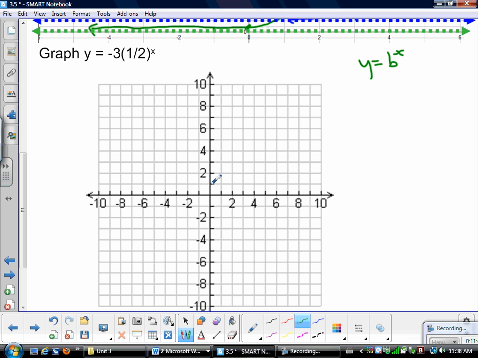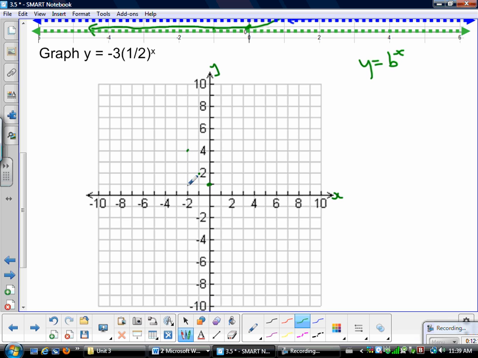So again, we know it's going to go through the y-intercept at 1. And this time, if I'm going to go backwards, so when 1/2 to the power of -1 would be 2, 1/2 to the power of -2 would be 2 to the power of 2, which would be 4.